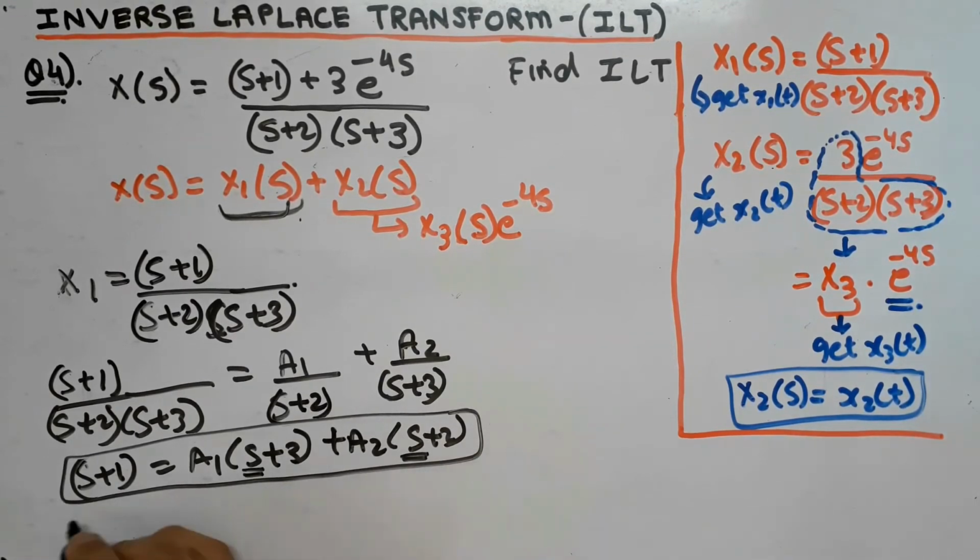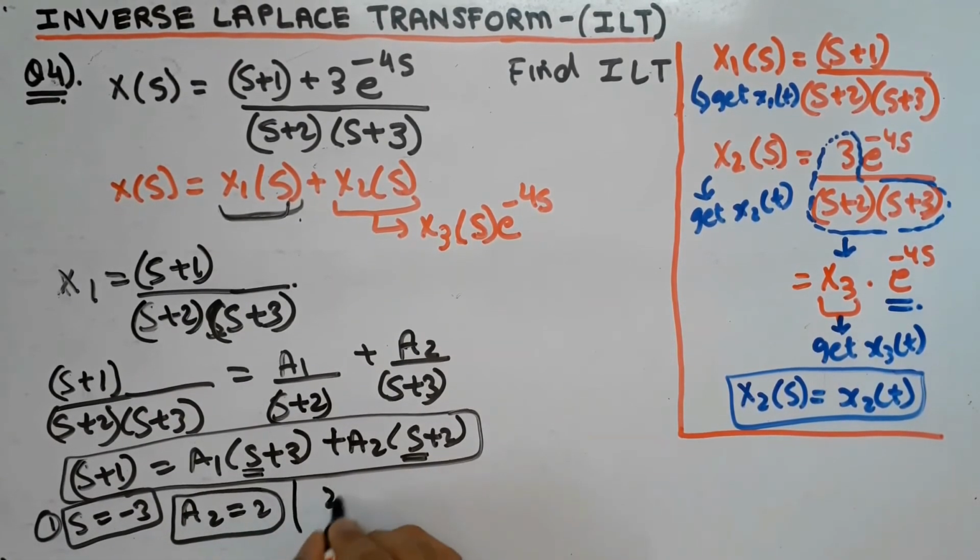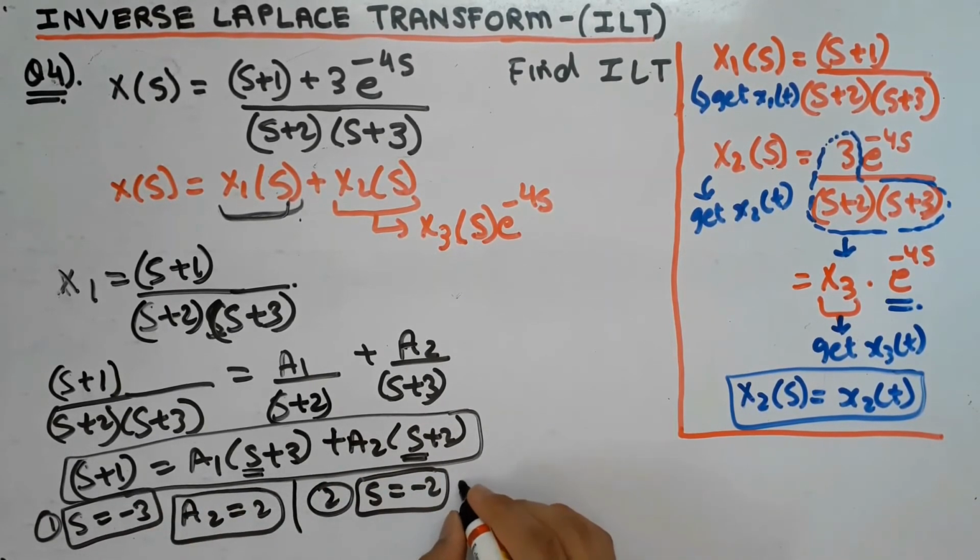So first of all we are going to put s is equal to minus 3, and from there we will get the value of A2, which will come out to be 2. Now secondly we are going to put the value of s as minus 2, and from there we will get the value of A1, which will come out to be minus 1.